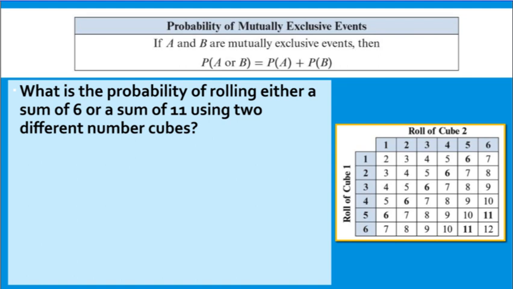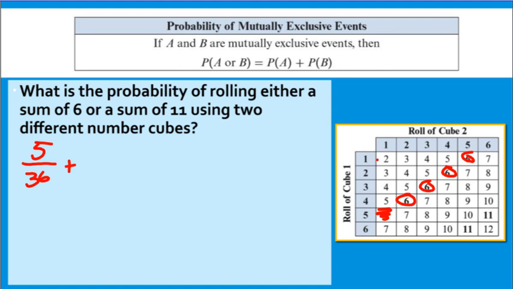If I look at the ones that have a sum of 6, I got 1, 2, 3, 4, 5. So 5 out of 36, because we have 1 through 6 and 1 through 6. So 5 out of 36 are sums of 6.